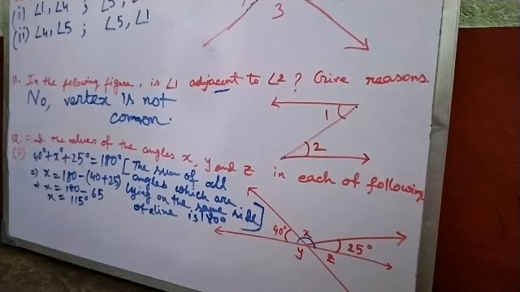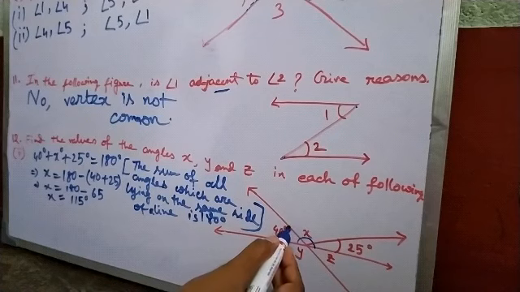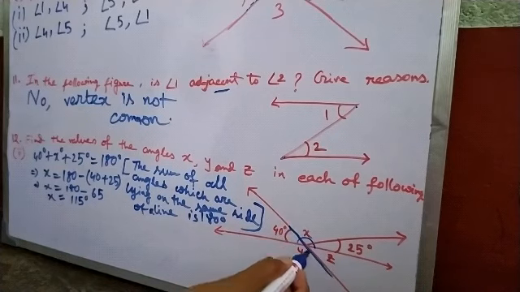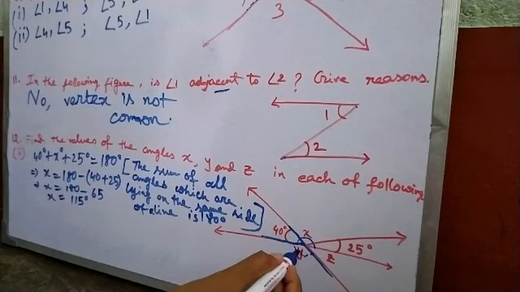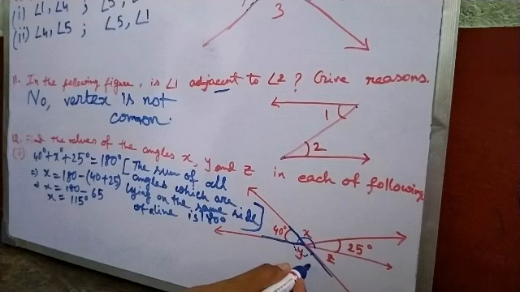Now we have to find the value of y. If this is the line and this is the ray, and by this ray these two angles are formed, then we can say that this is a linear pair of angles.